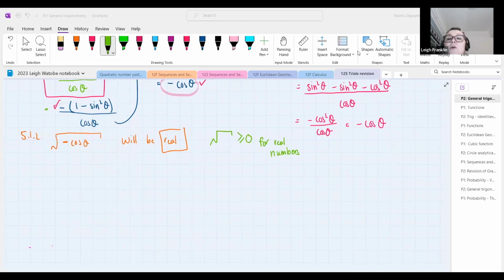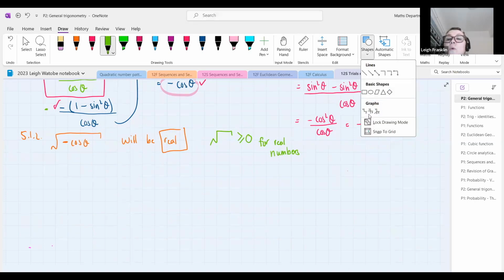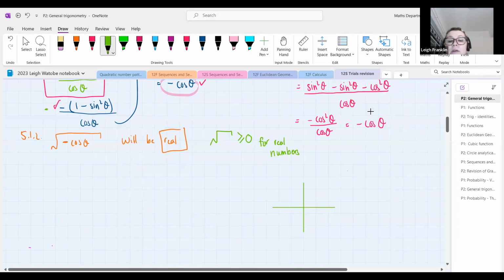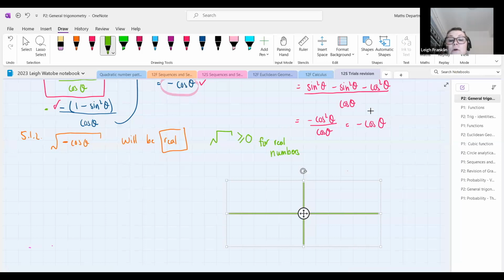So just very quickly, I'm going to show you what I mean. Let's draw ourselves a set of axes, and we really are only concerned with what's on the right-hand side.